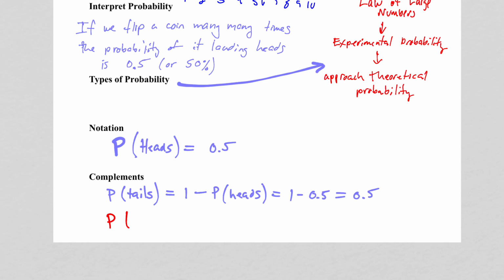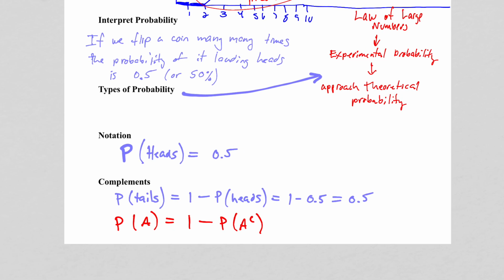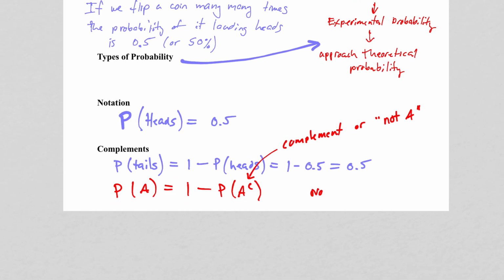The probability of A is equal to 1 minus the probability of not A. That's written as A to the power of C, but that little c stands for complement, or, put in quotes here, not A. And just a little note: this is true because the probability of A plus the probability of not A is equal to 1.